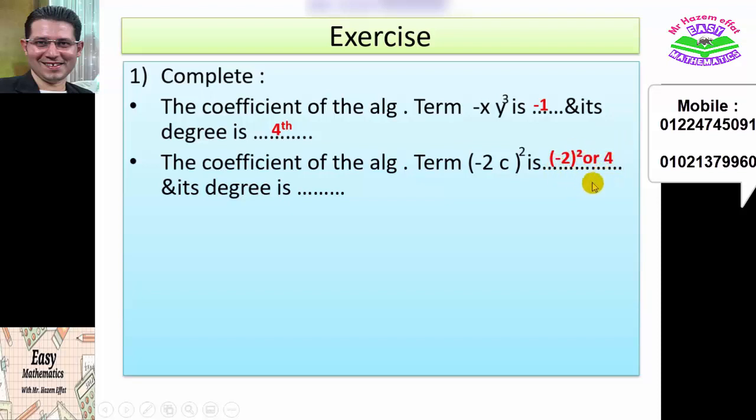So both of them are right. And what about the degree here? Because the 2 is distributed above the number negative 2 and c, so c here will be raised to power 2 and we take only the power raised above the symbol, so it will be of the second degree.